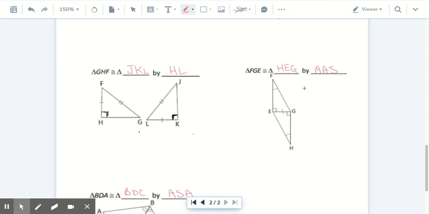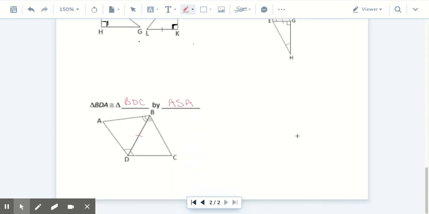So that's a little bit tricky. You got to be careful there. So we've got FGE is how they named the first one. So they went across the hypotenuse, starting at the apex up here and going across the hypotenuse first. So when I do this one, I'd have to do the same. So HEG, hypotenuse first, and then the shared leg.